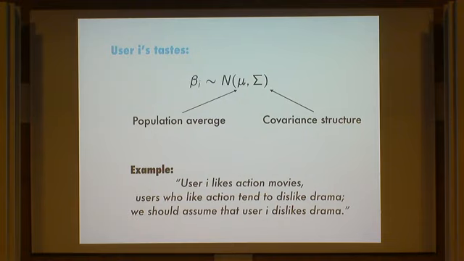Okay, so we'll use data to estimate parts of beta I, and for the components that we don't have information about, we can use this covariance structure, which we've learned from other users, to fill in those missing elements of beta I. So in this way, we're getting this collaborative information.